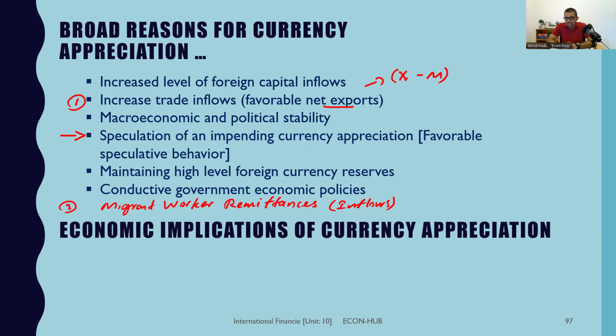Because as their currency is stronger, when foreigners import from this country, the prices they have to pay to buy our goods increases. So that leads to a negative or adverse impact on the exports. So it's an ironic thing.